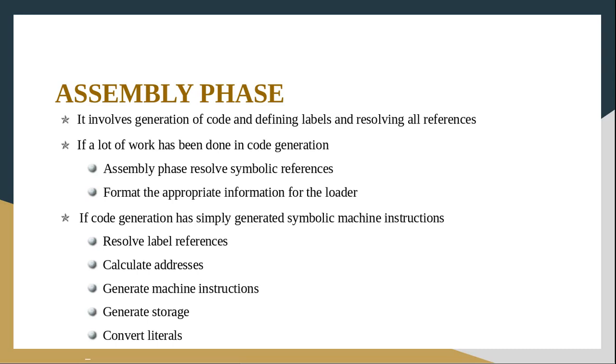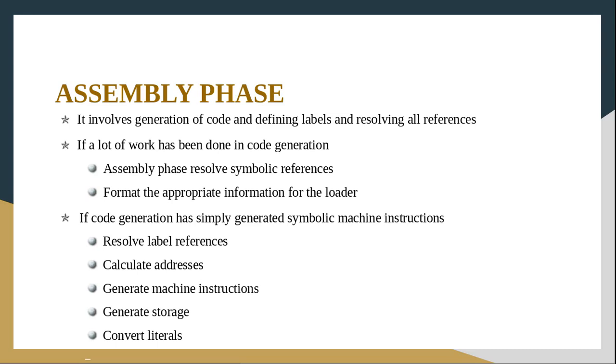Then, if code generation has simply generated symbolic machine instructions, there are more tasks to be done by the assembly phase. It has to resolve the symbolic references. If we have used any labels, we have to resolve those labels and symbols.